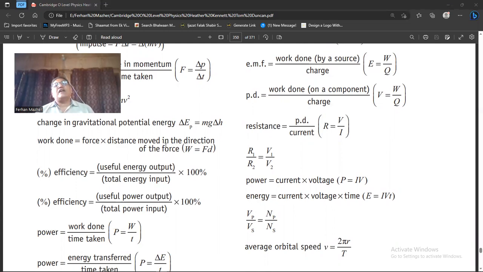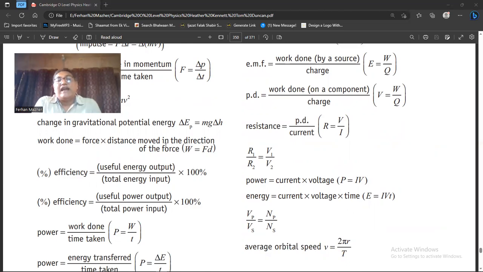Power equals current multiplied by voltage. P equals IV, power is measured in watts, I is measured in ampere, and V is measured in volt. So electric power equals IV. The electric energy produced or used has the formula current multiplied by voltage multiplied by time.